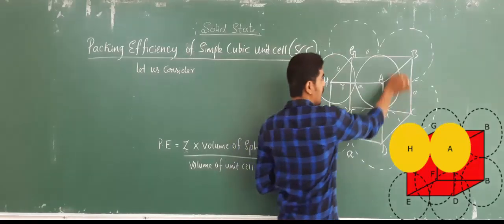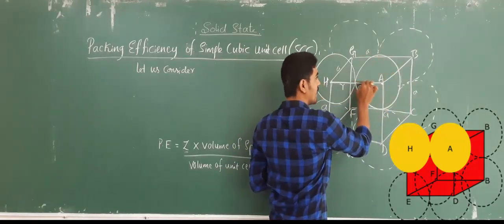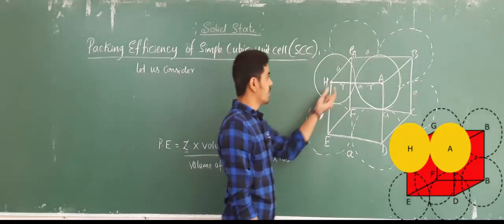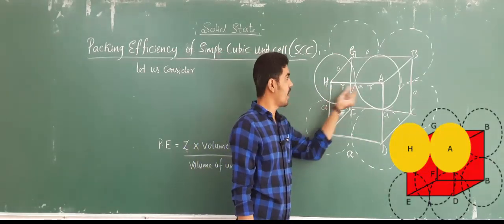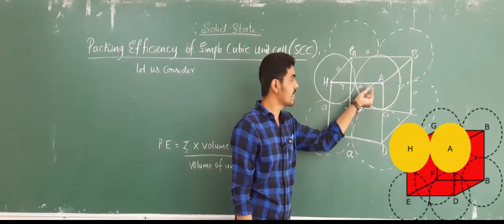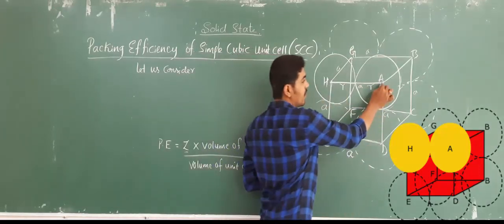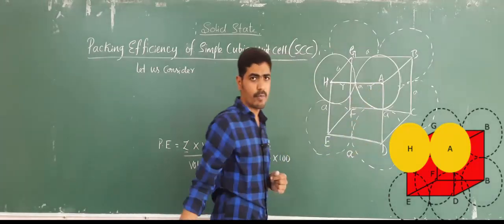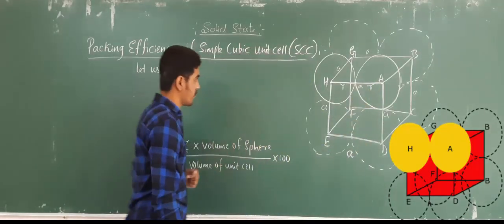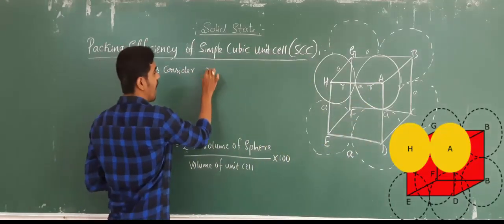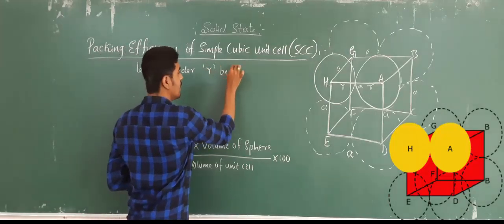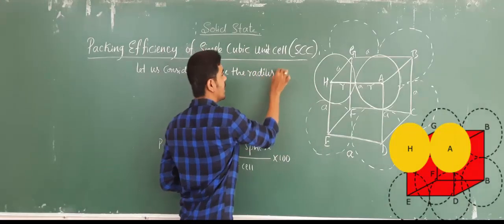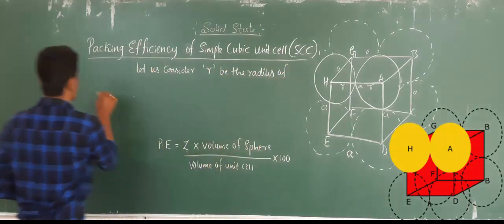And this sphere is also having the radius R. Okay, this sphere is having radius R and this is also having the radius R only. Now let us consider R be the radius of spheres.